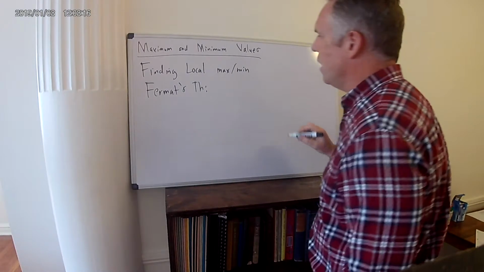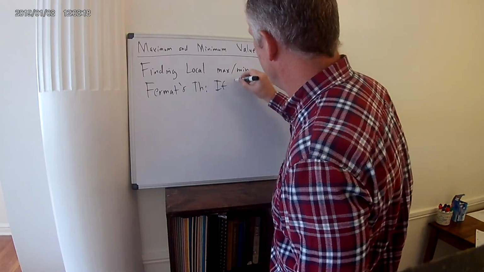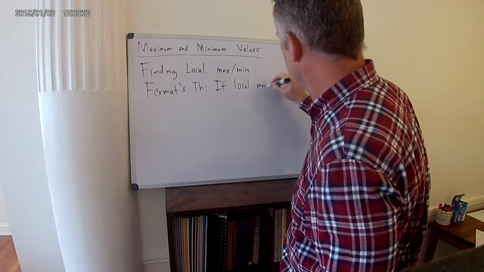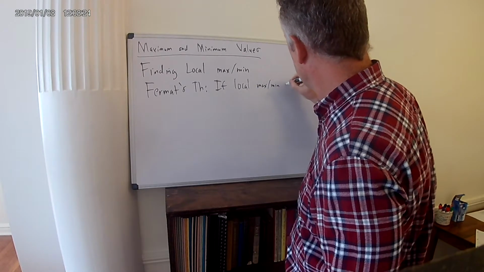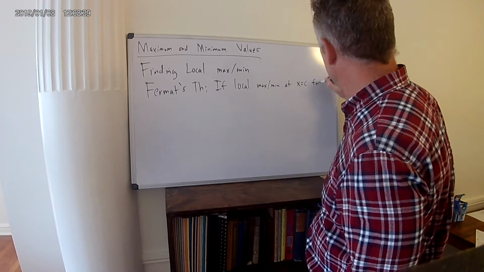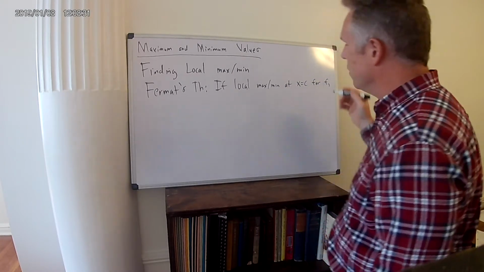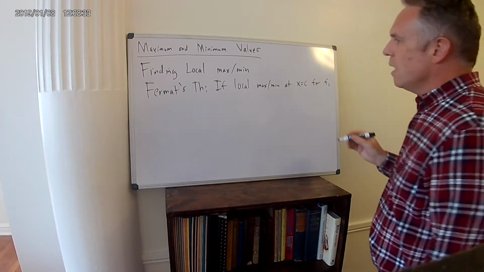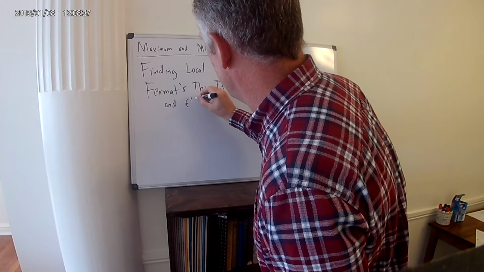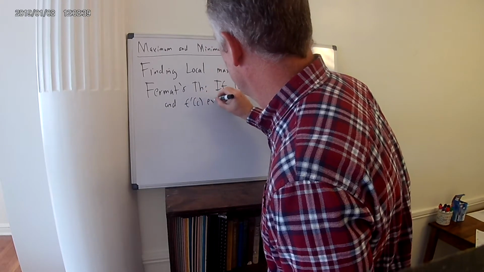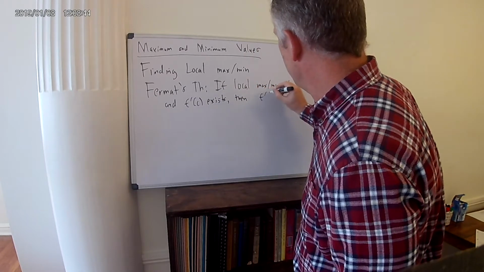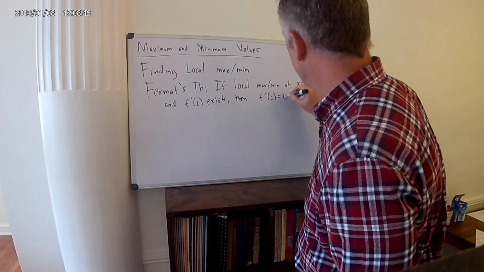This says that if we have a local maximum or minimum at c for some function f, and f prime of c exists, then f prime of c equals 0.